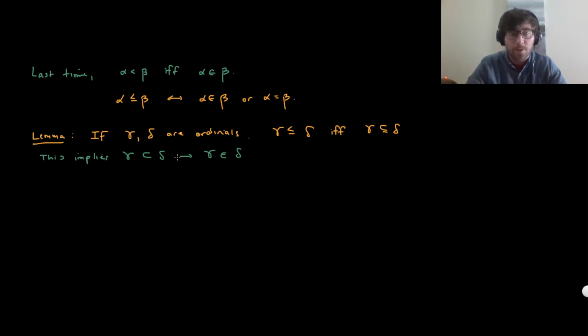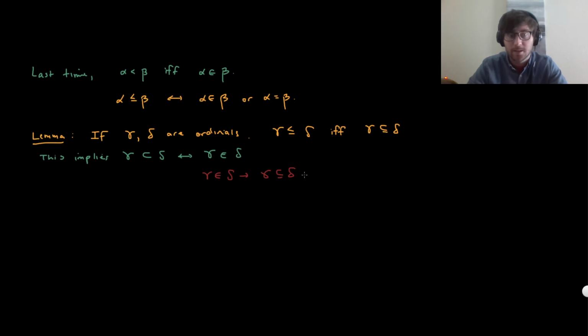And you also have the reverse. If gamma is an element of delta, then since delta is transitive because it's an ordinal, gamma will be a subset of delta. Just to justify the backwards direction: gamma is an element of delta, which implies that gamma is a subset of delta because delta is transitive.